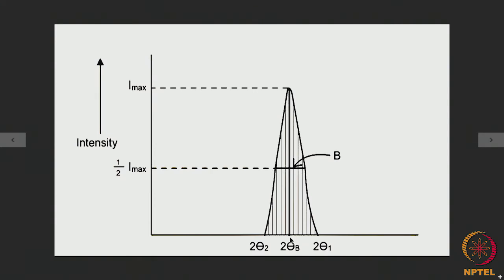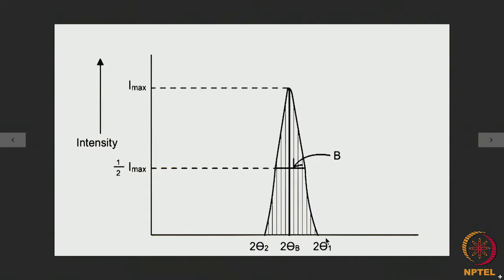So, what we observe is that this kind of behavior is found for incident angles slightly larger than the Bragg angle, and also for slightly lower angles than the Bragg angle.